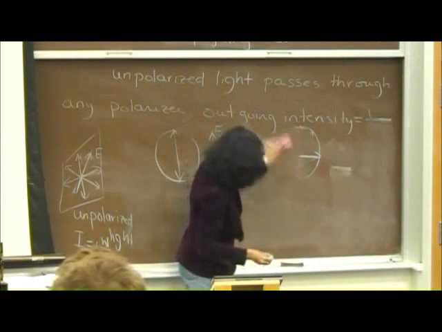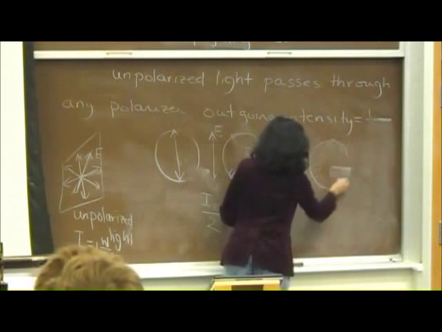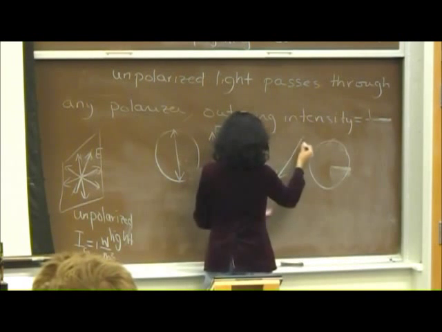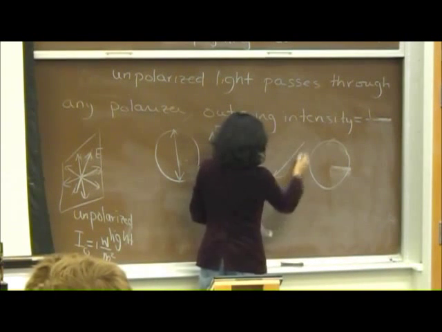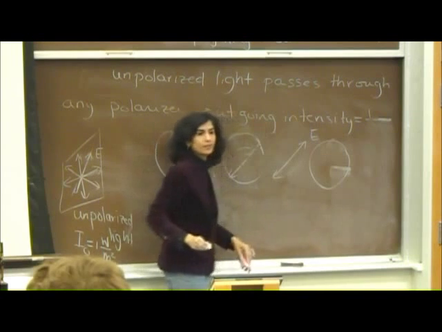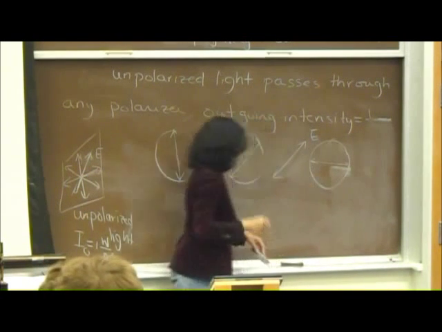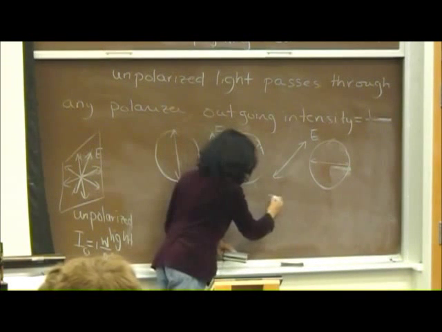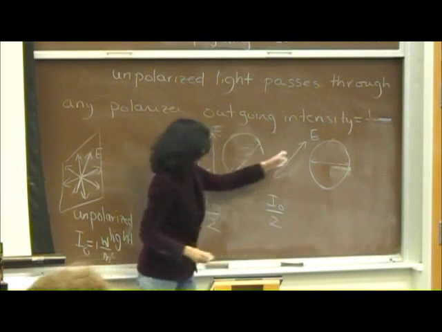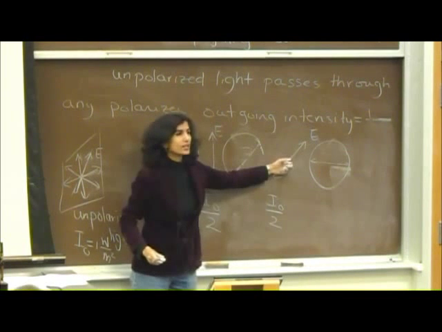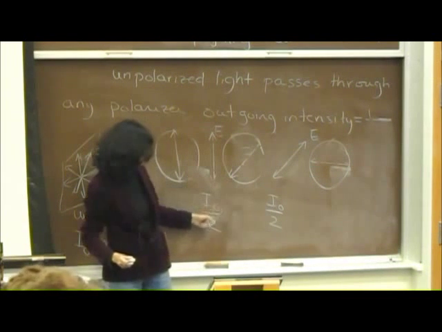These pictures are getting too close. Let me just move it a little bit. So do you see that the direction of electric field of the outgoing light will be like this? And by the way, this is the transmission axis. What will be the intensity of this light? Tell me. The incoming intensity was I0 over 2.